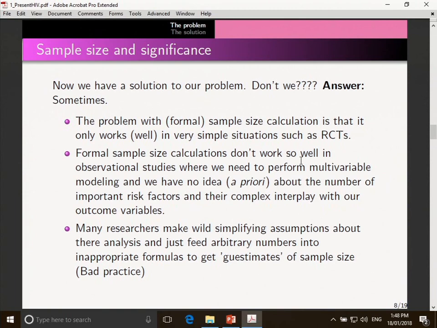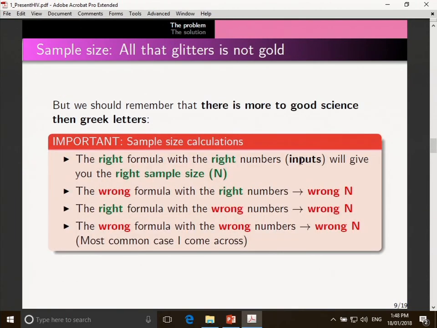And I'm going to say something that should be quite obvious, but isn't. Sample size formulas. We have to remember, there is more to good science than Greek letters. The right sample size formula with the right numbers will give us the appropriate sample size. The wrong formula with the right numbers in it will give us the wrong sample size.